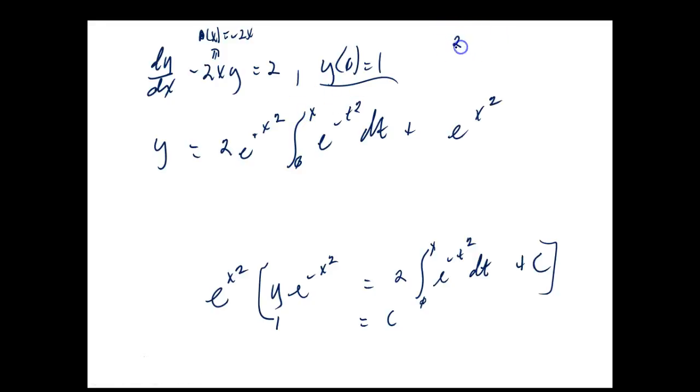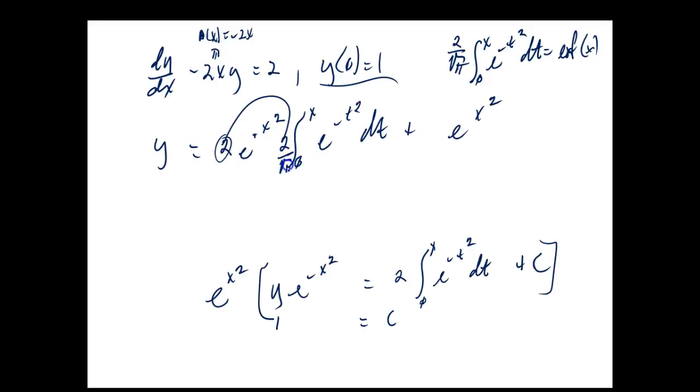But recognizing that 2 over root pi times this integral from 0 to x of e to the minus t squared dt is equal to the error function, ERF of x, from the bottom of the previous page, how could we get that to be? Well, let's take this 2 from here and move it here.